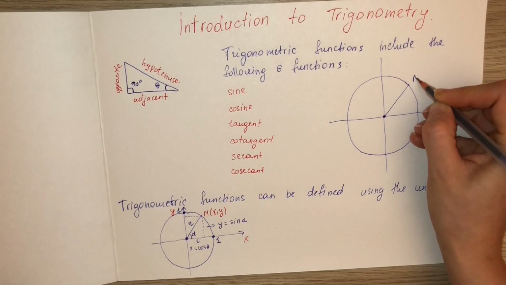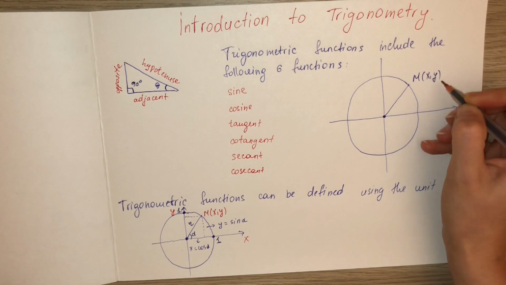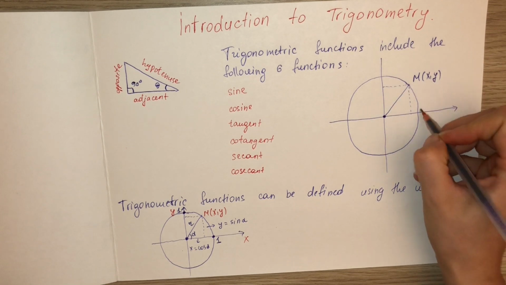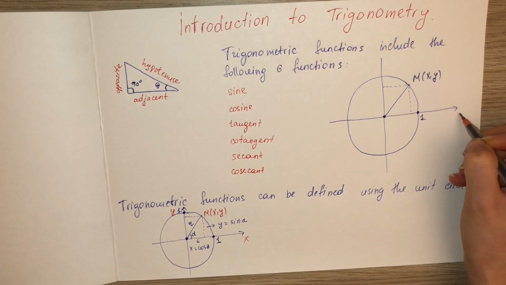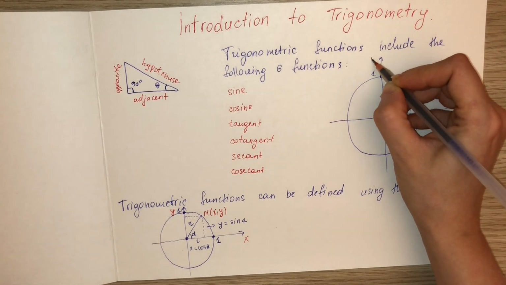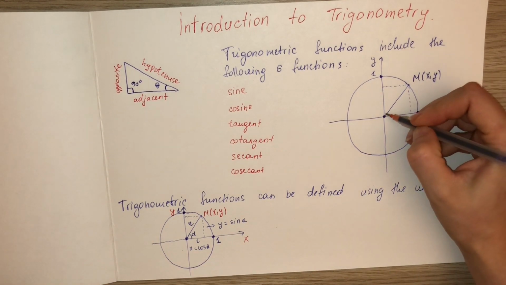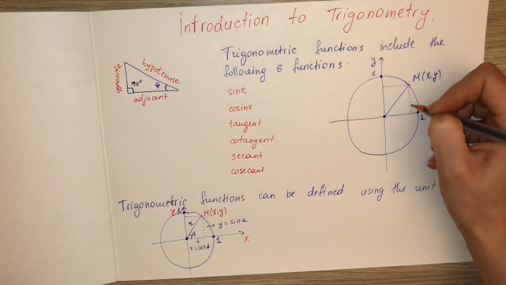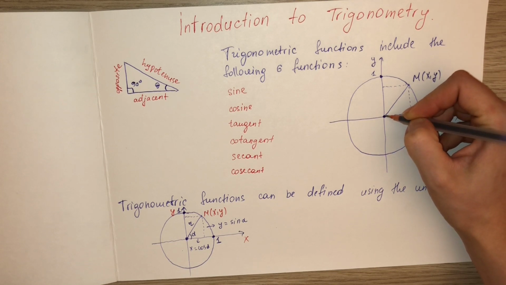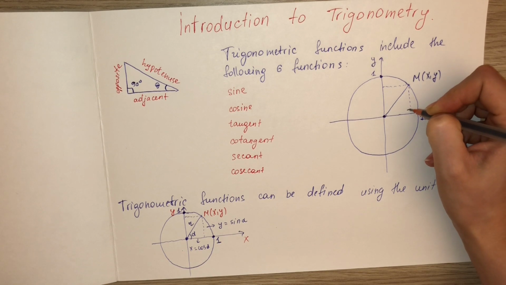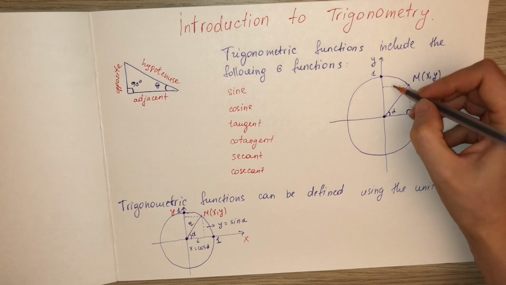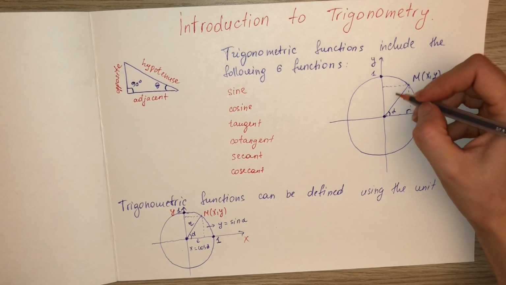So the point M(x, y), let it be y on the y-axis and x on the x-axis. So it is the hypotenuse of this. Here we got a right angle triangle. Look please, this is our angle, let it be alpha, and this is the hypotenuse r.